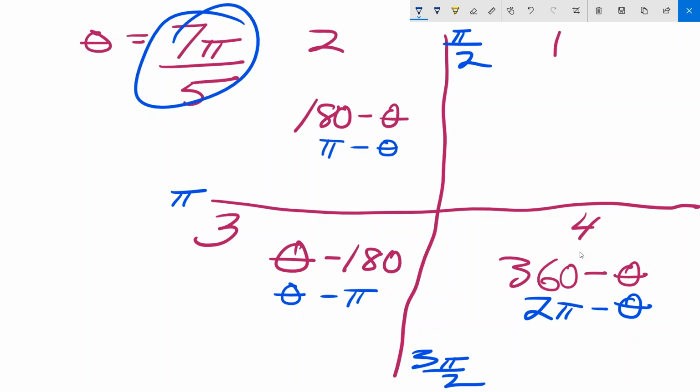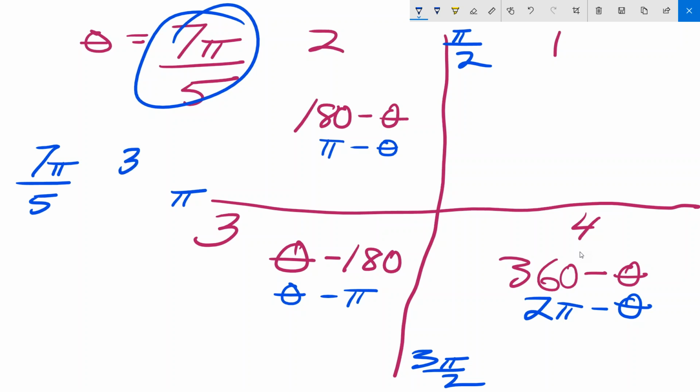So which quadrant is this one in? This is not, yeah, it is in the third. How can I put this? What you're doing is trying to compare 7 pi over 5 to whether that's greater than or less than 3 pi over 2, right?